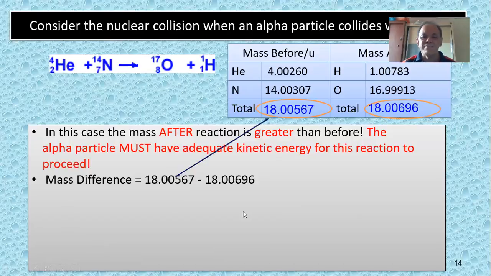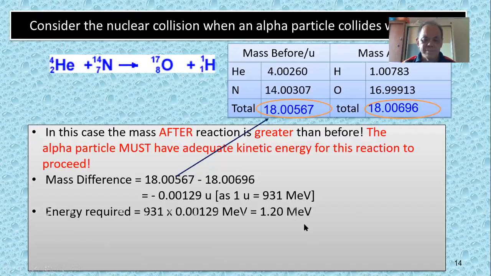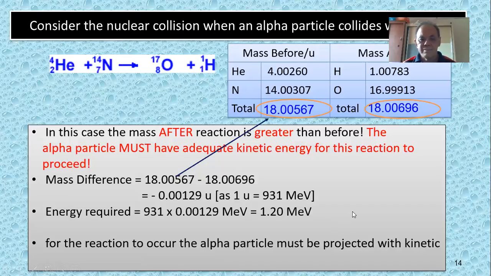Subtract that, we get a negative sign. So we can see from here the reaction will not take place. And we use the conversion factor, atomic mass unit, 931, to get mega electron volts. So it means that the energy required for the reaction to take place is 1.20 mega electron volts. So the alpha particle must have this minimum energy before the reaction can take place.